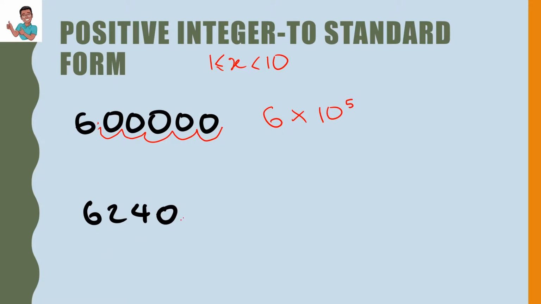We're going to move this until it fits this inequality. There. We have moved 3 places and 6.24 fits that rule. So we can write this as 6.24 times 10 to the power of 3.